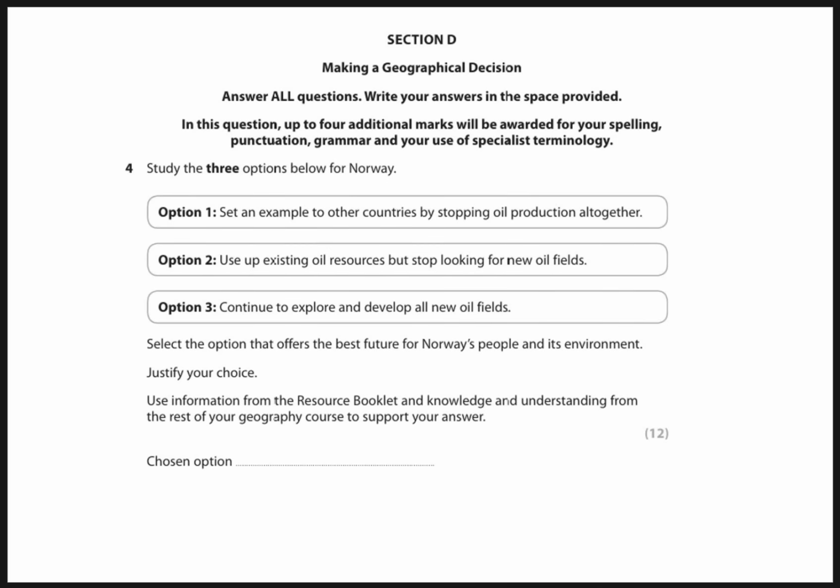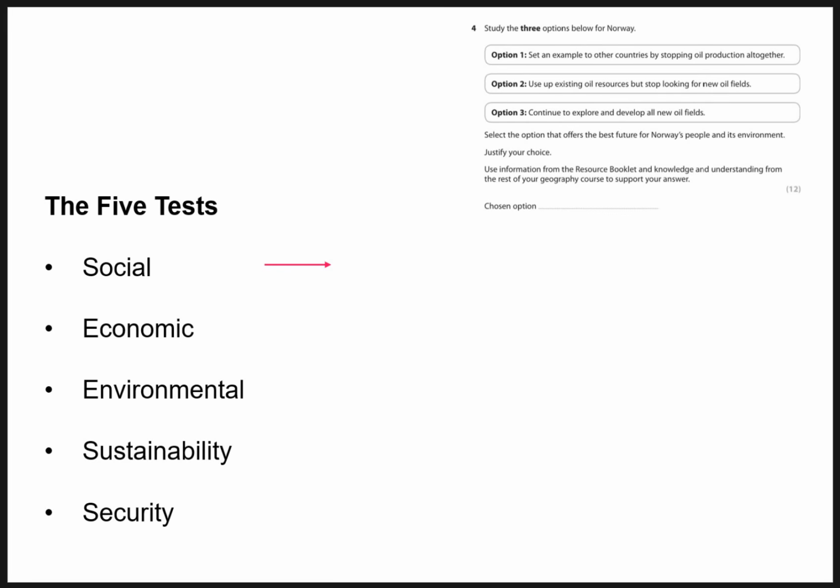With all these 12 mark questions that you get in your exam in section D, the first thing to do is to think about and apply the 5 tests. So don't rush in and start working straight away. Don't write anything at the moment. You create this framework for yourself.